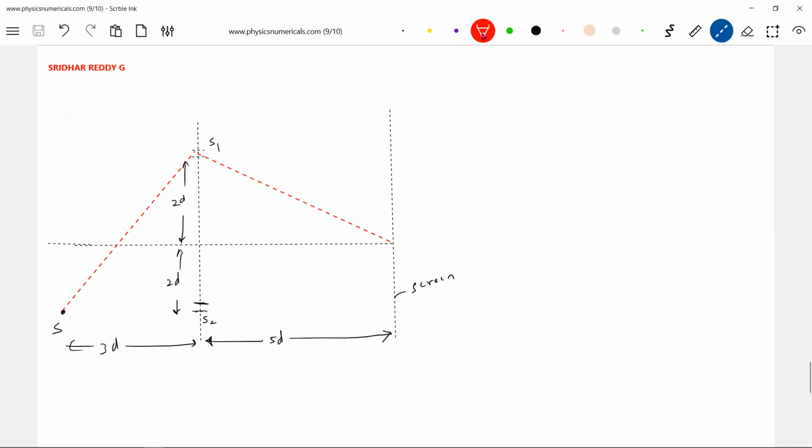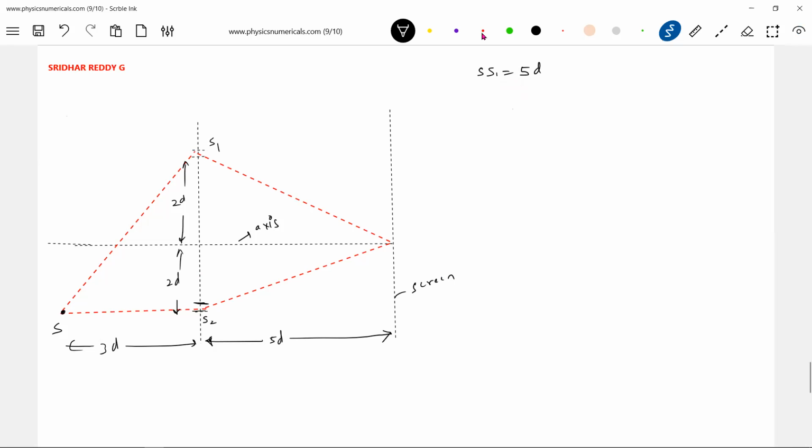Let's say I want the order of interference at this point. What is the path difference of the rays arriving at this particular point on the axis? Before the slits, this ray will cover a distance 3D. This distance SS1 is 5D, because this distance is 4D and this is 3D.